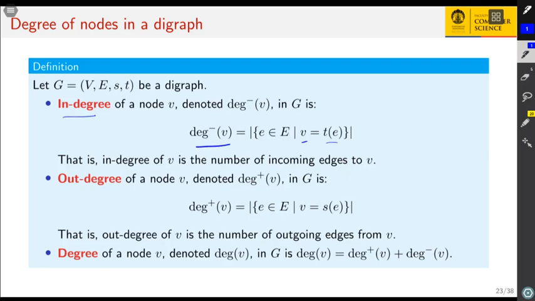And then the out-degree of a node v is the number of edges outgoing from v, in other words the number of edges where the source is v. And the degree of a node is simply the sum of the in-degree and the out-degree. So let's see some examples.